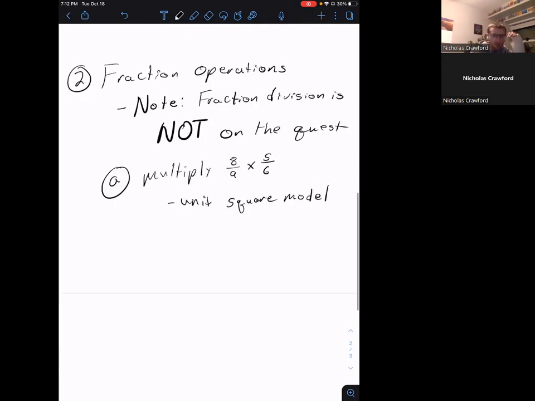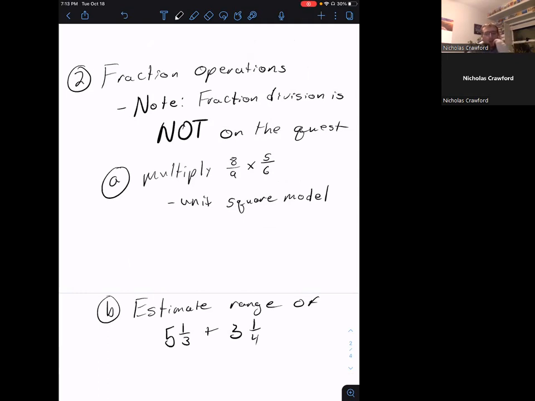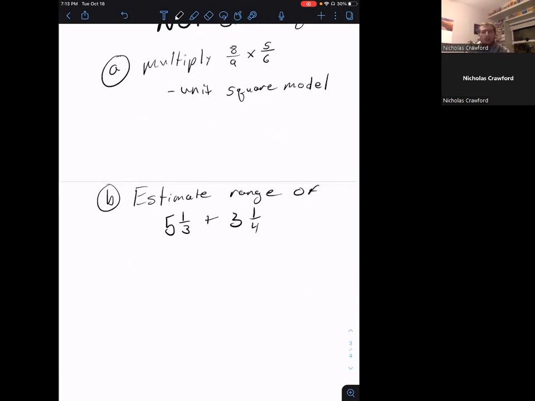Another thing I could do is I could say, hey, estimate. I could ask you to estimate the range of, let's say, 5 1/3 plus, I don't know, 3 1/4. Okay, 5 1/3 plus 3 1/4, right? I can ask you to estimate this. Well, how do we estimate this?